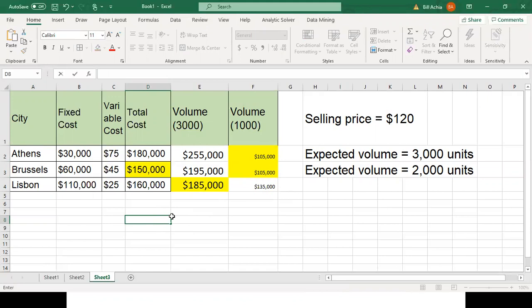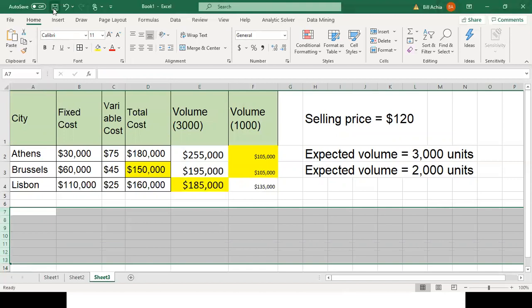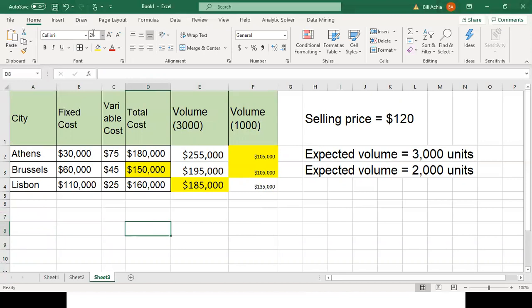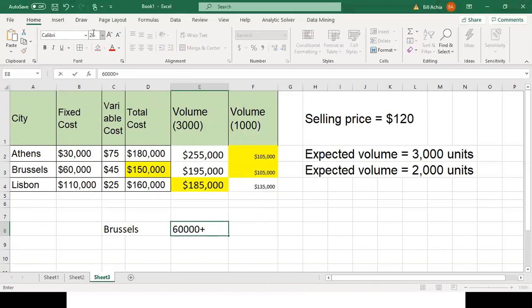Our total cost for Brussels would be a fixed cost of 60,000 plus our variable cost of 45 multiplied by some volume, which as of yet I don't know, because I'm trying to figure out what amount of volume would have our total cost be the same in Brussels as in Lisbon.